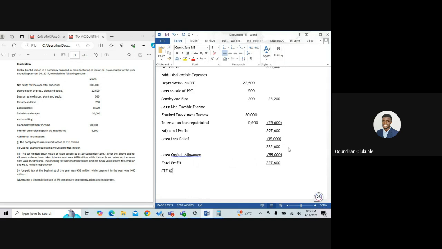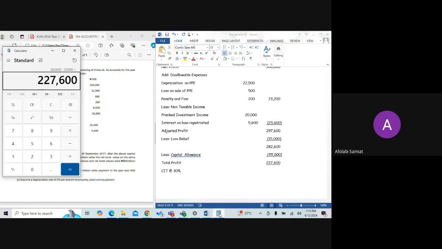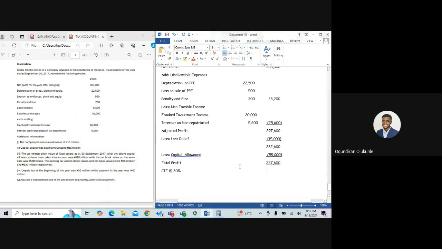CIT at 30%. What's CIT at 30%? 680. Can you see?